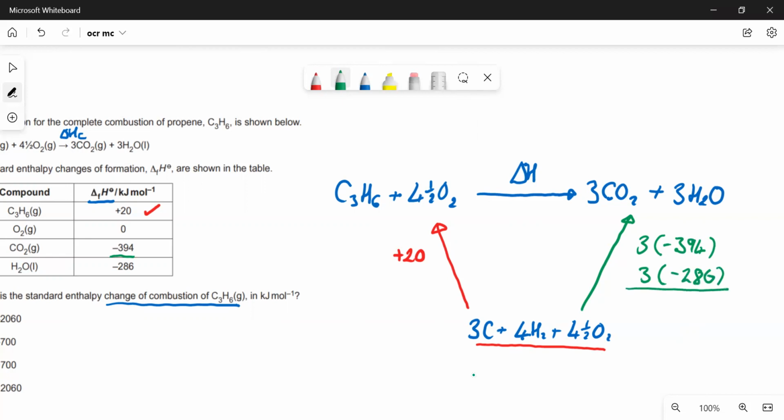So if you add that lot up together, you get 2040. And delta H there, what's delta H equal to? Well, we are going against the red arrow here. So what do we do with that? We change the sign to minus 20. We are going with the green arrow, so we keep the sign, so it's minus 2040.